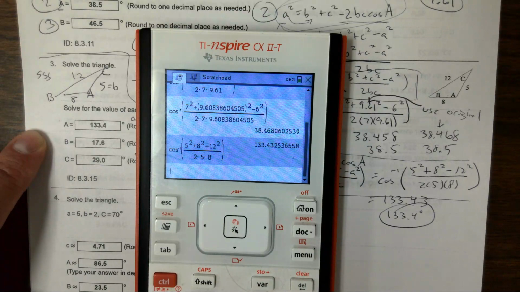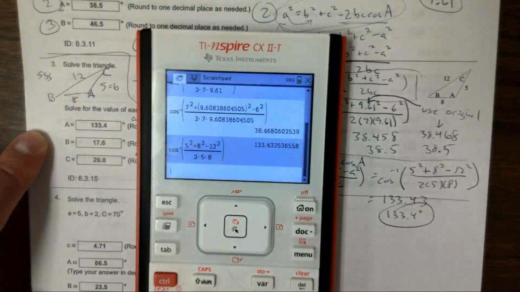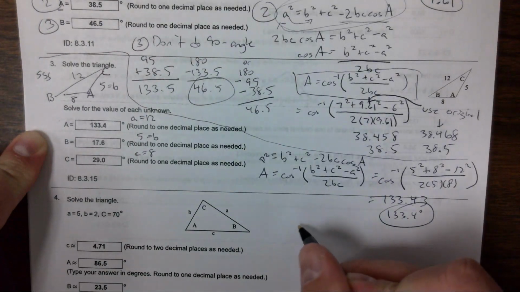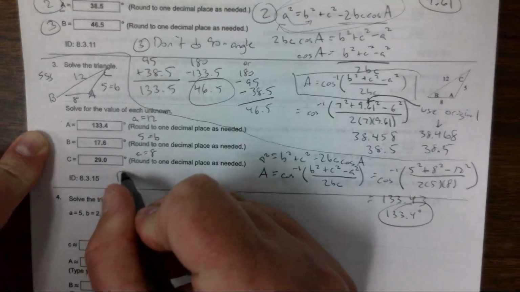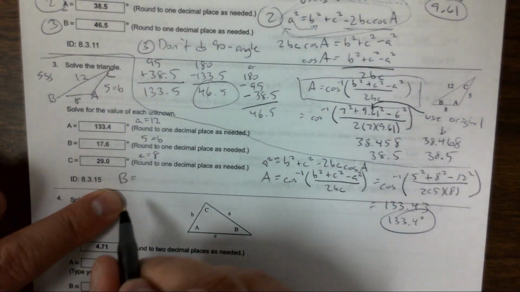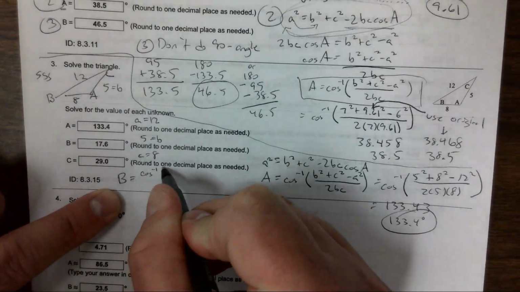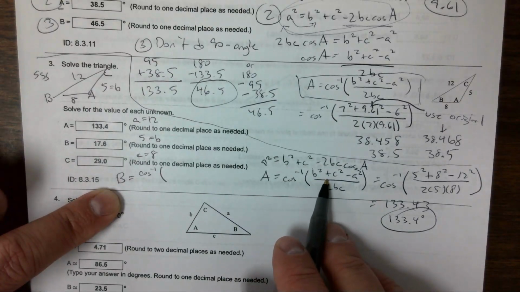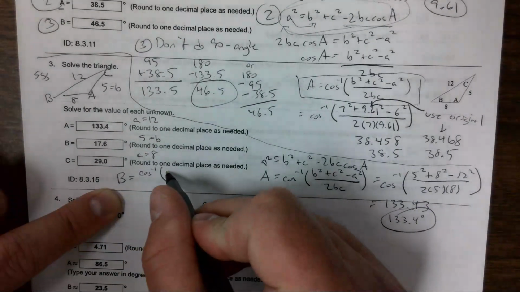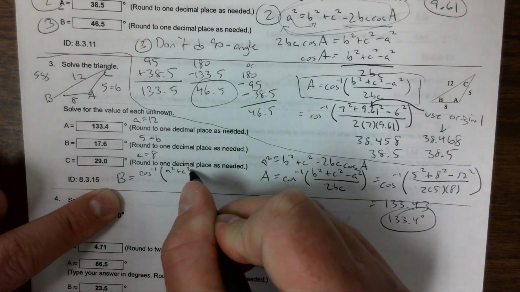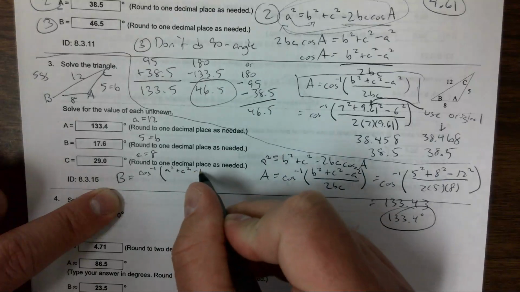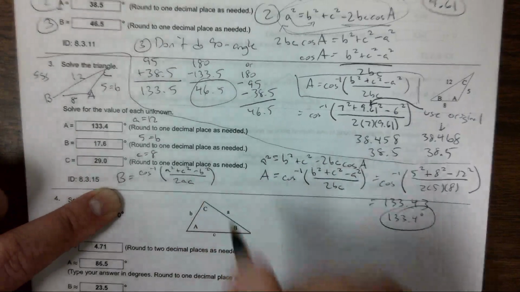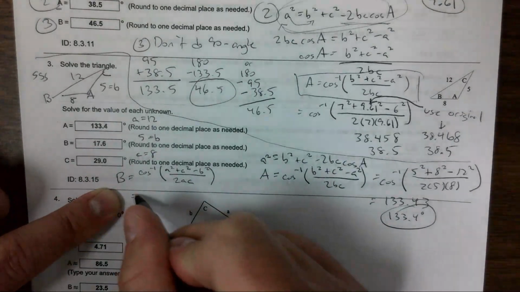Okay, now for the B, we do the B formula, and if you want to just shortcut it, I guess we can do that. We'll say cosine -1. Now notice when we did that, we had the other two. So in your case, we need a squared plus c squared, then minus b squared over 2ac. Okay, so let's work on that.